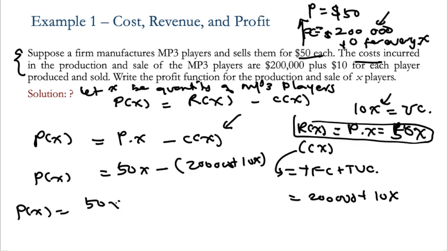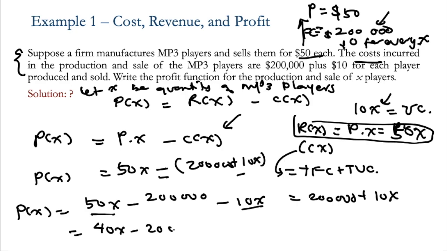So 50x stays the same, minus 200,000, and then opening the bracket, minus times plus becomes minus 10x. This 50x and this 10x have the same common factor, so we can subtract them, and it becomes 40x minus 200,000.